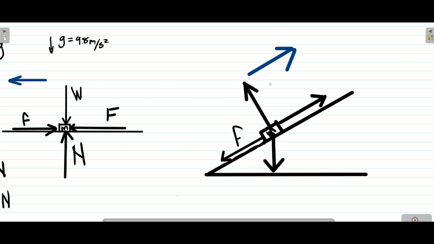So it will act downwards, pulling the object down as it goes up. If the object was falling down, the frictional force will be pushing it up as it tries to go down. So we have our frictional force, our normal force, our weight, and the applied force.